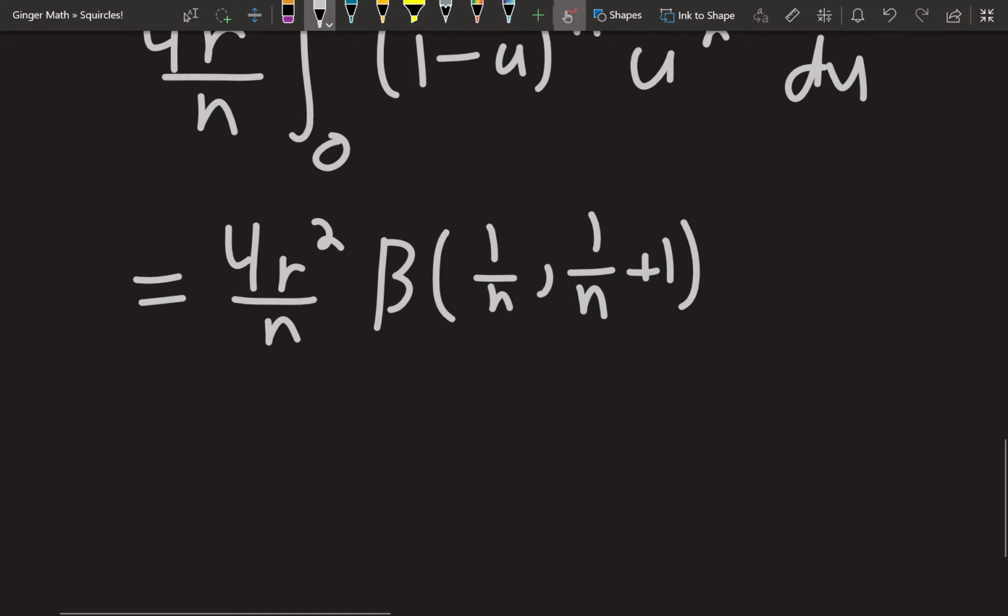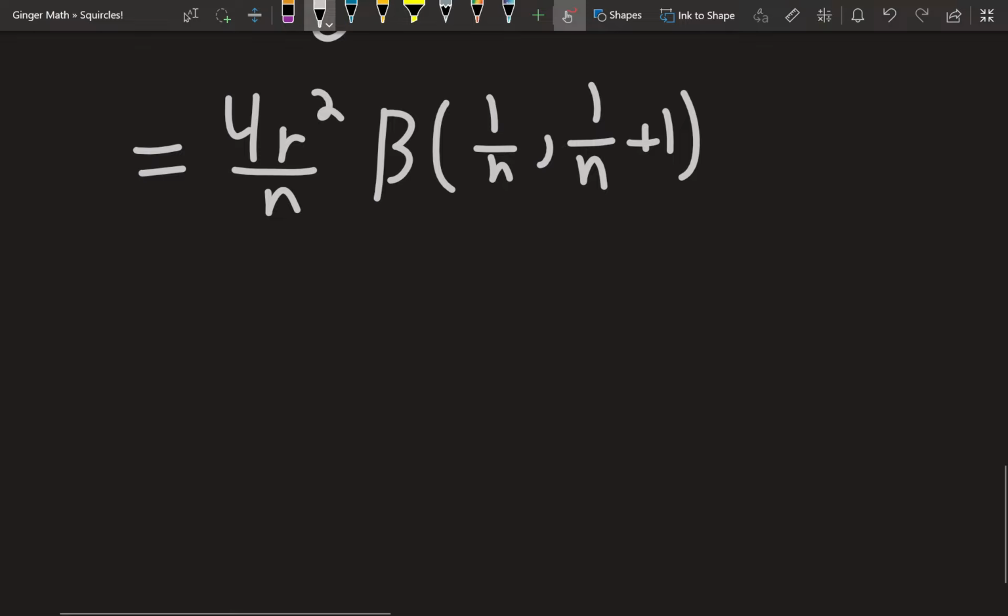And what we're going to do is express this beta function in terms of the factorial or the gamma function. And you can go into Wikipedia, as I was doing, or Wolfram MathWorld, and find multiple identities for this.